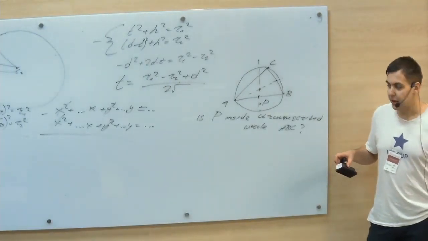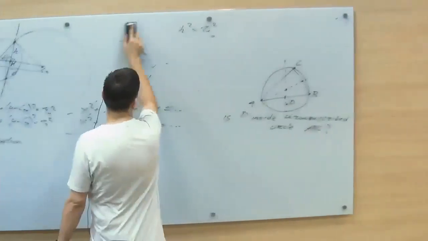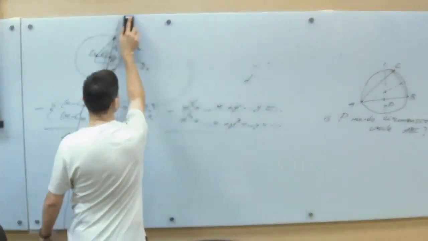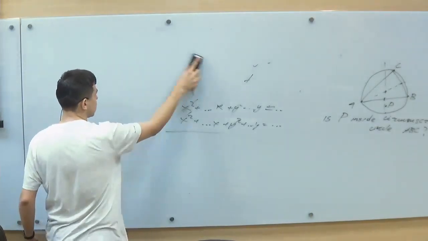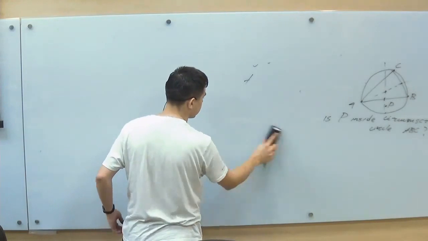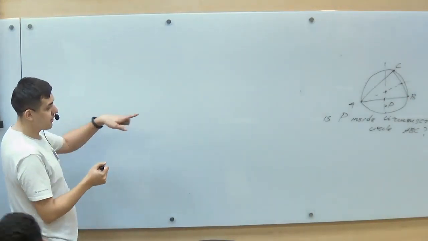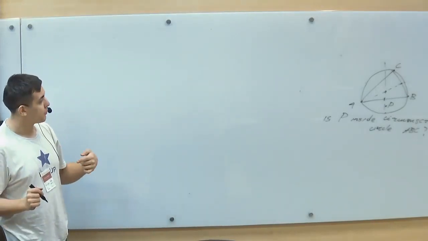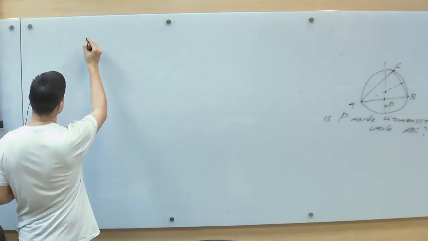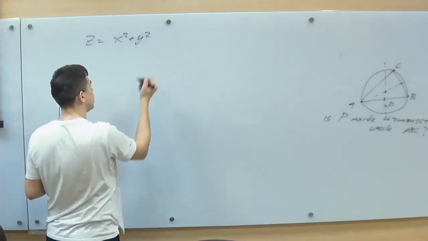So the cool trick here is introducing a third dimension. So we have 4 points with x's and y's. For each point, we'll calculate the z value as x squared plus y squared.